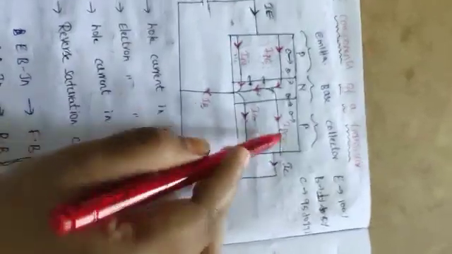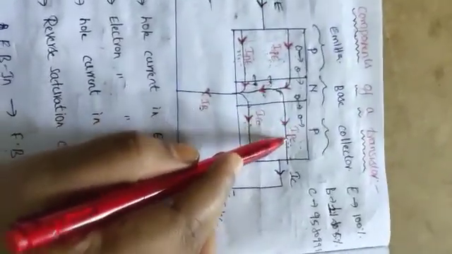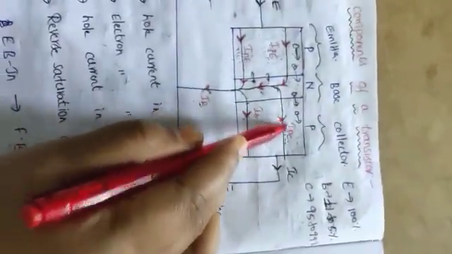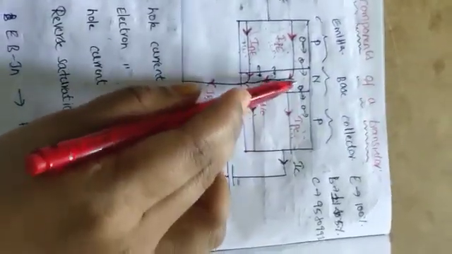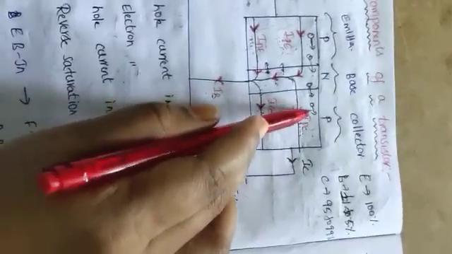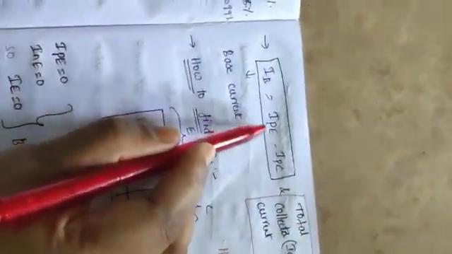These carriers give the current IPC, the hole current in the collector region, in the direction of hole movement. So we can write the base current IB equal to IPE minus IPC.